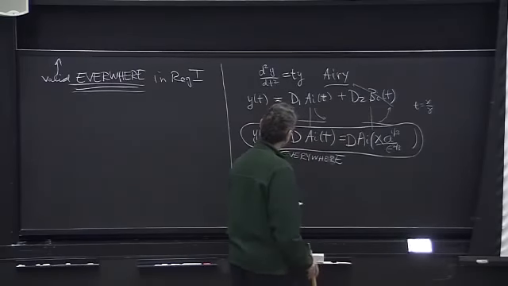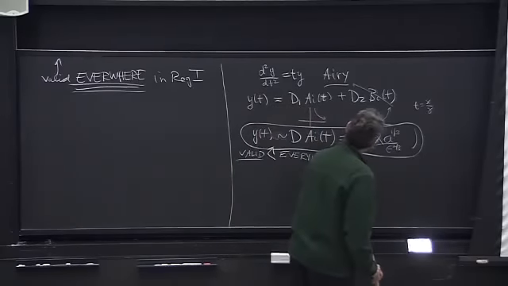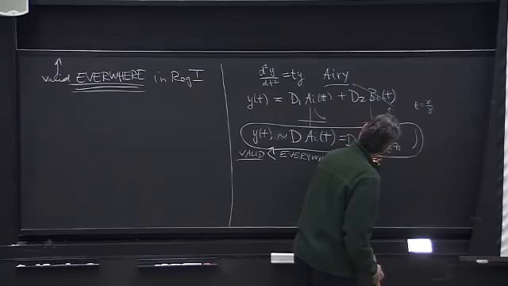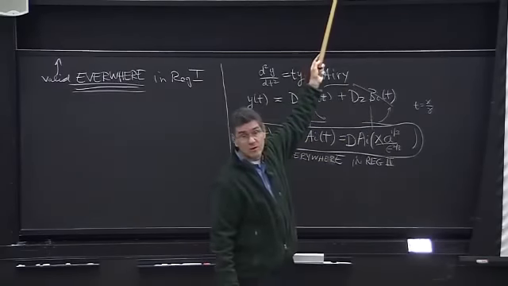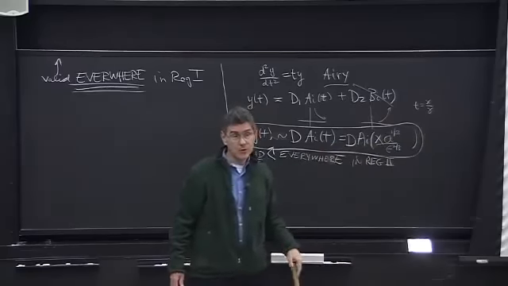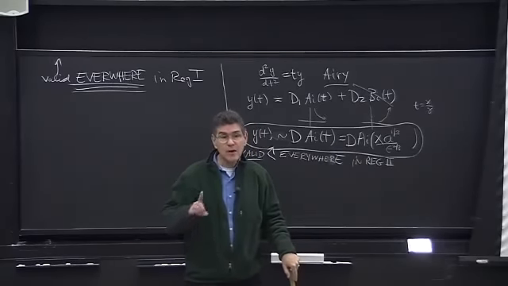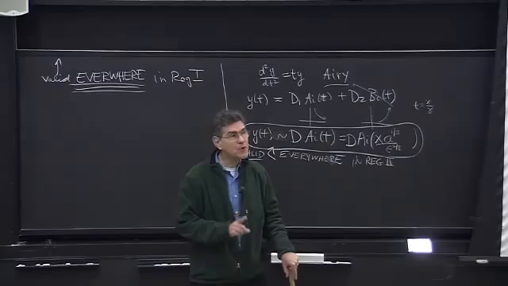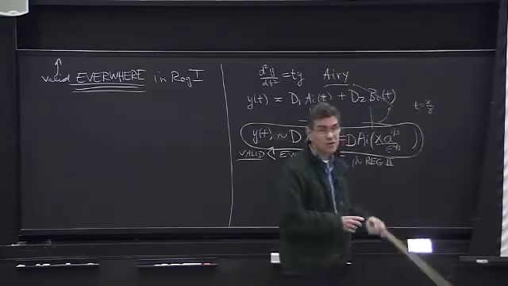This approximation is valid everywhere in region 2. For example, it's valid at the origin, where x is equal to 0. It's valid everywhere. But I'm going to make a further asymptotic approximation in the overlap region.